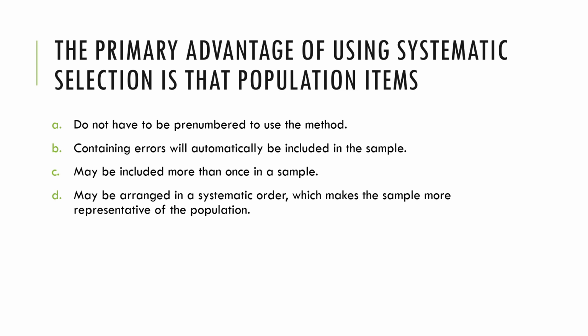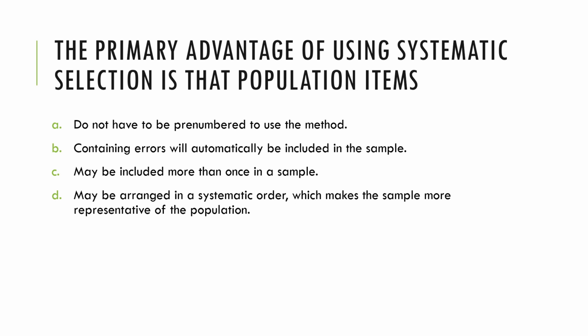Letter D, may be arranged in a systematic order, which makes a sample more representative of the population. Actually, friends, letter D is a disadvantage of systematic selection because if the sampling units are already arranged in a systematic order, this may destroy the possible representativeness of your population. If you can imagine, for example, a classroom setup where the teacher says that every person who is seated in the aisle or at the end of each row, for example, is a male.